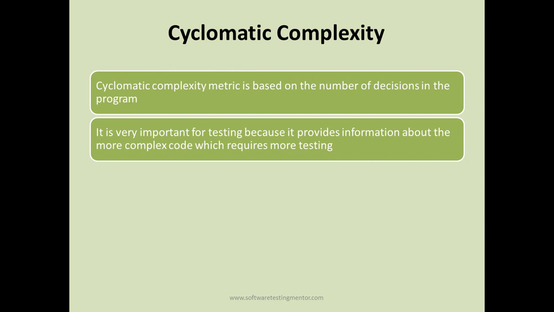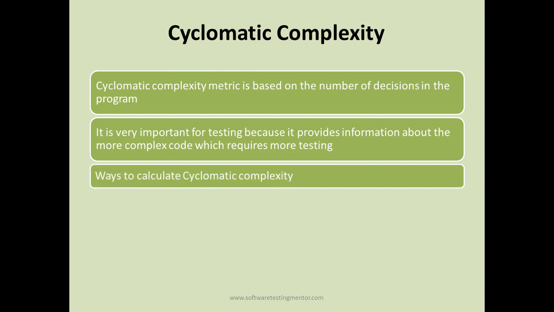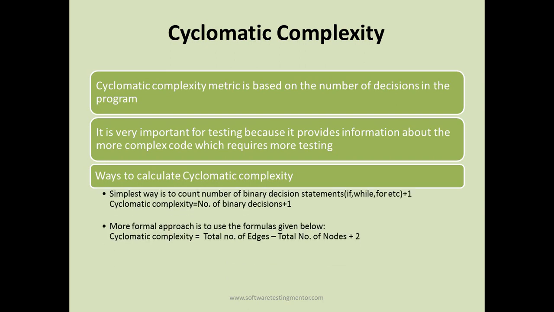So how do you calculate cyclomatic complexity? We will see some formulas to calculate it. The simplest way is to count the number of binary decision statements like if, while, for, etc., and then add 1 to it. That's the simplest way to find out cyclomatic complexity for any module that you are testing.